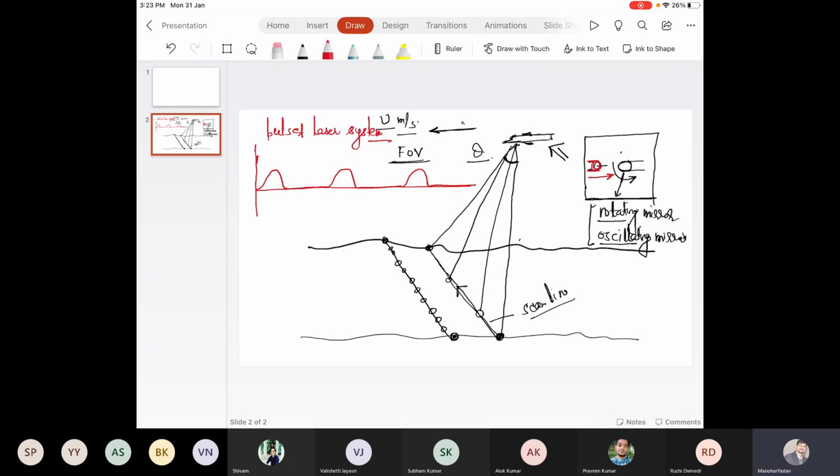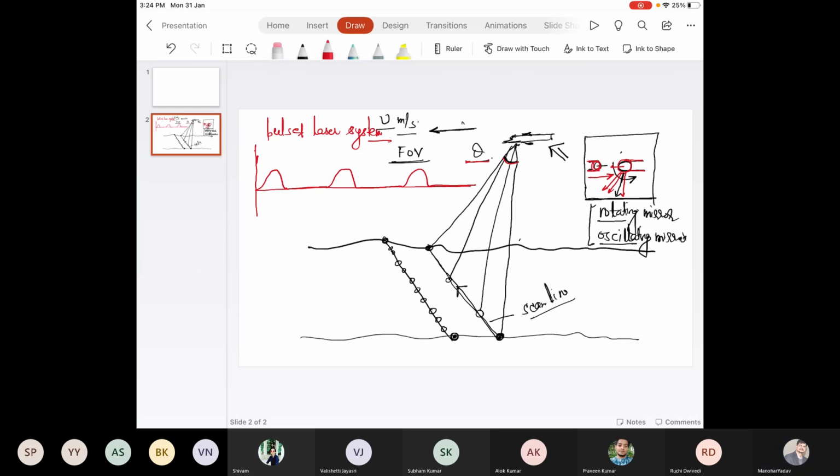That laser beam is hitting the mirror, so a reflection takes place. It's a mirror, so Snell's law applies over here: angle of incidence is equal to angle of reflection. Once you provide the angular rotation, the normal of this surface changes, and that is responsible for providing a different direction to the laser beam, so that theta, that is the field of view, is covered.